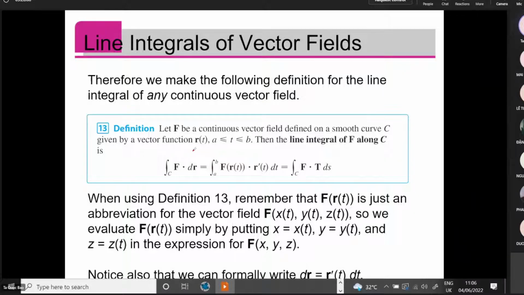So we have a definition. Let F be a continuous vector field defined on a smooth curve C given by the vector function.